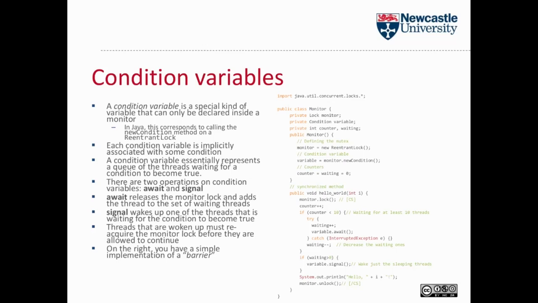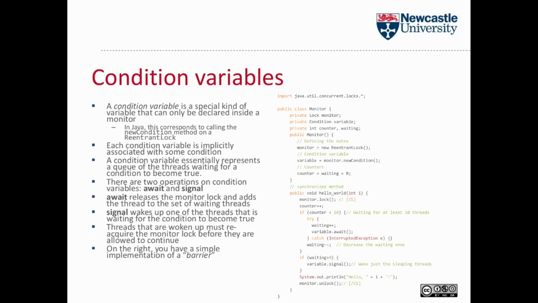The purpose of this code on the right is to have some threads starting to execute, and then you want to wait for 10 threads at a time, and after you wait for 10 threads, all the other threads could resume their computation.